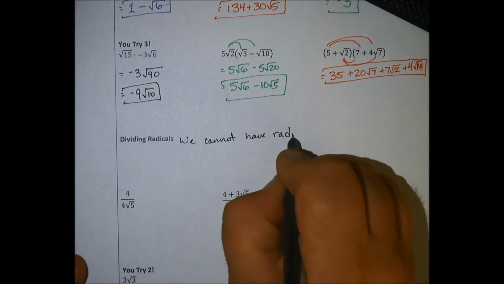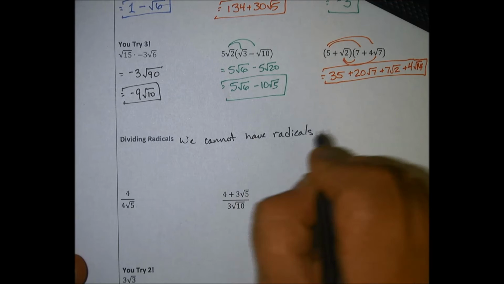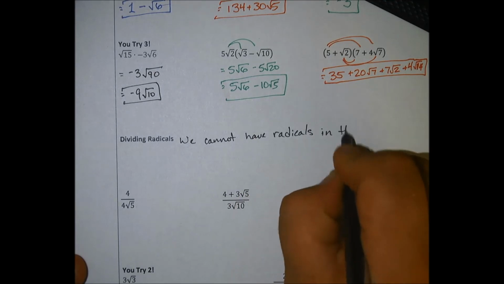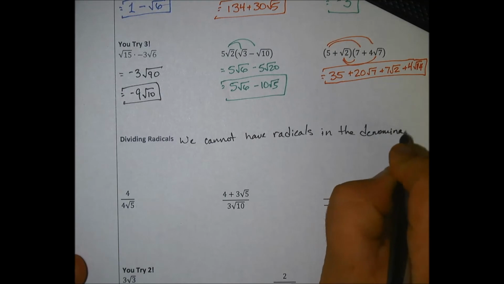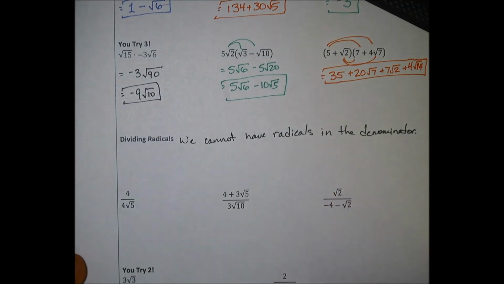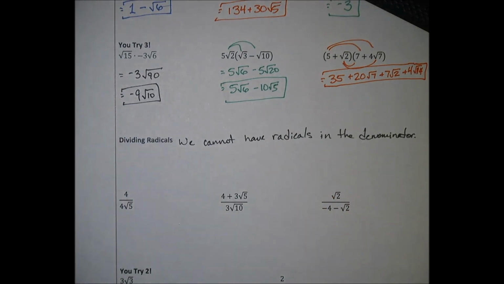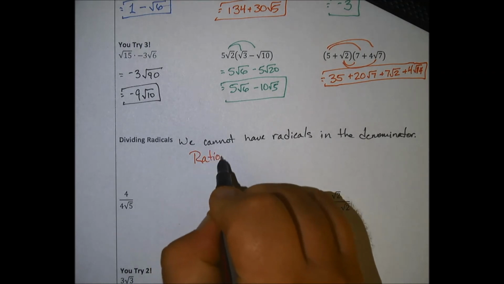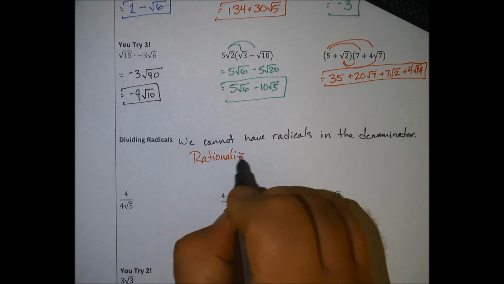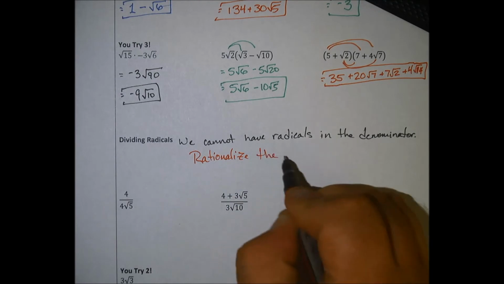So we cannot have radicals in the denominator. Otherwise, we're okay with just leaving it as a fraction. But what we're going to do is what's called rationalize the denominator.